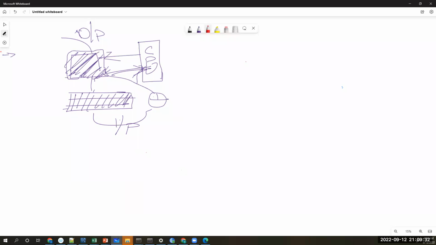Can anyone tell the instruction flow for a computer's functionality? When we give input, first you will power on. After power on, what will happen?